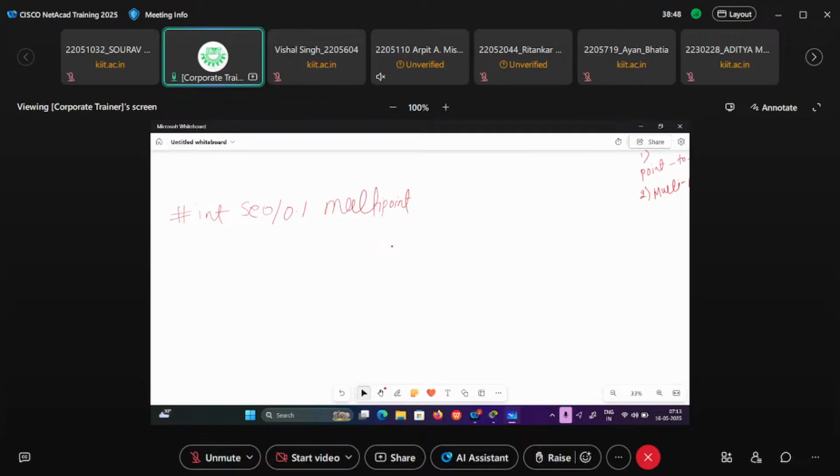No changes. How you use it for point to point, everything will be the same. Only in place of point-to-point, now you have to mention multi-point. I hope you can do that.